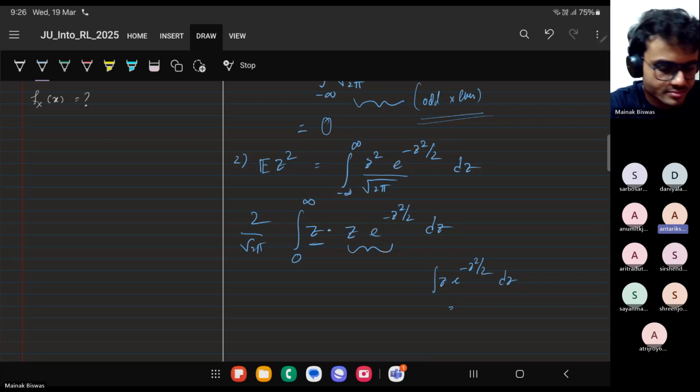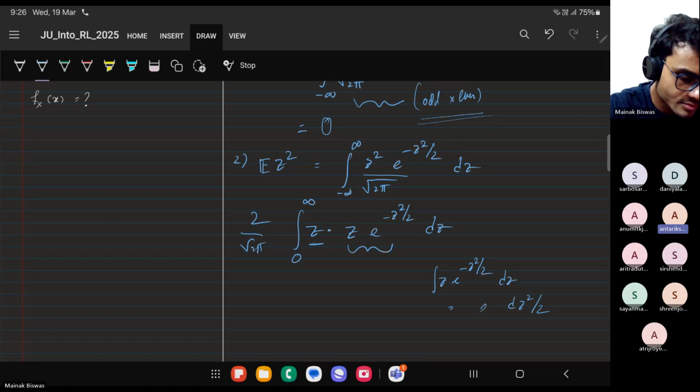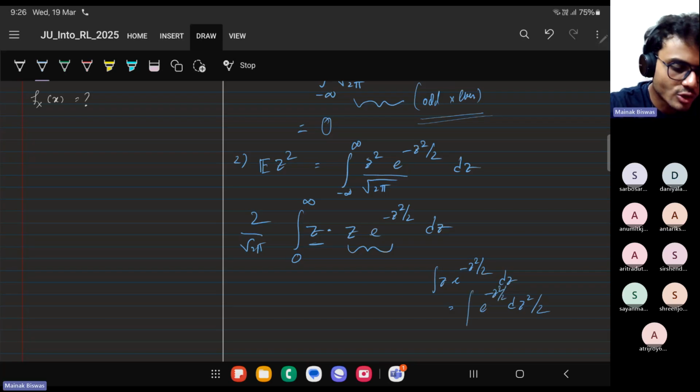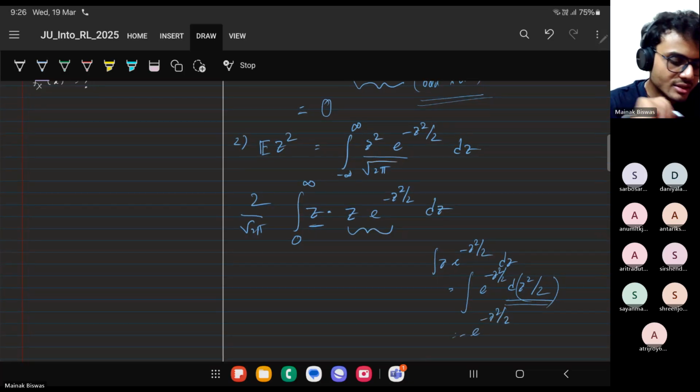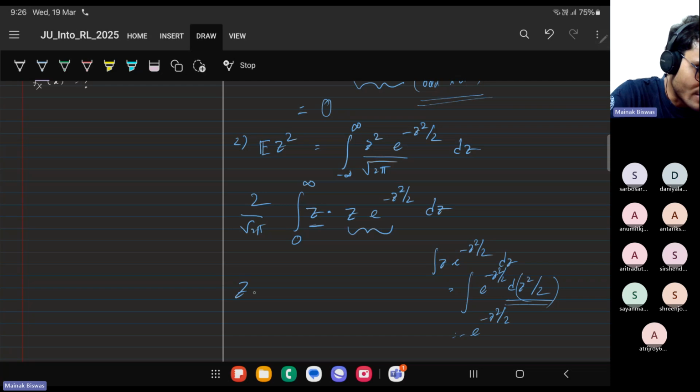It's just, the integration is minus e to the power minus z square by 2. This is what you did, right? I just made z dz into t, where t is z square by 2. So it's just the negative of e to the power minus z square by 2. So I get minus z e to the power minus z square by 2 from 0 to infinity.